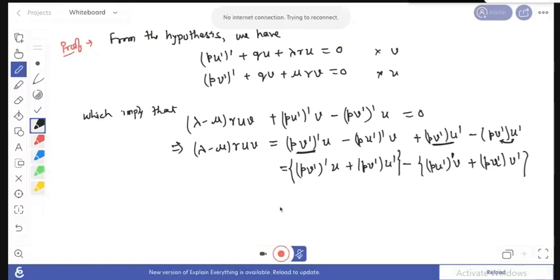Okay, so this becomes, you can write this is the first function and derivative of that, and this is the function and derivative of that.